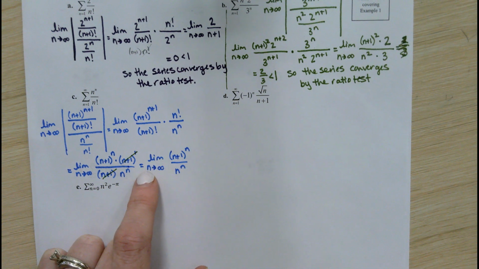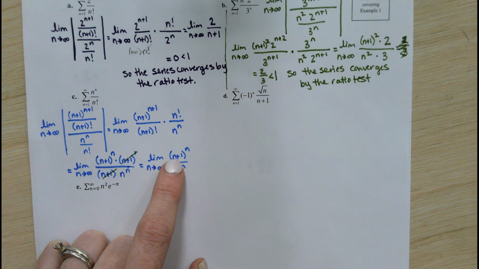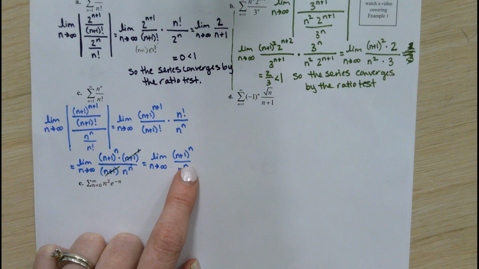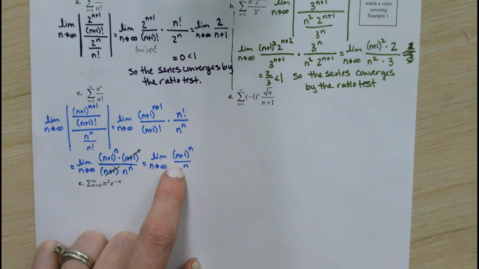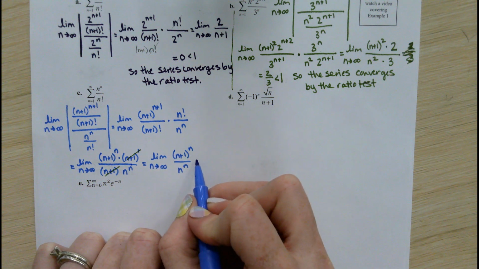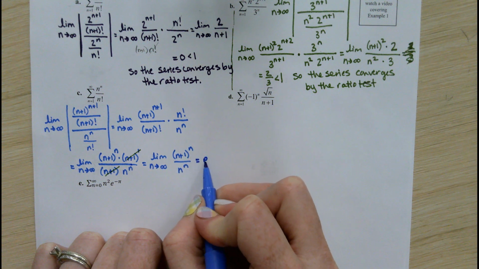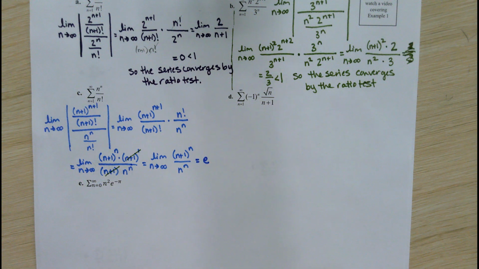The limit as n approaches infinity of n plus 1 to the n over n to the n, or you could think about that fraction all being raised to the n power, is actually equal to the number e. That's the definition for e. So it's not that I expect you to know that, but it is something that is helpful for this problem.